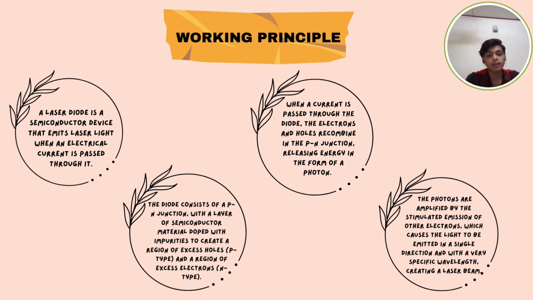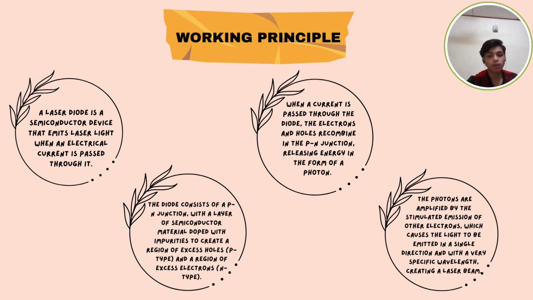When an electrical current is passed through the diode, it causes the electrons in the active material to jump from a low energy level to a higher energy level. As the electrons return to their original energy level, they release a photon of light. This process is known as spontaneous emission.